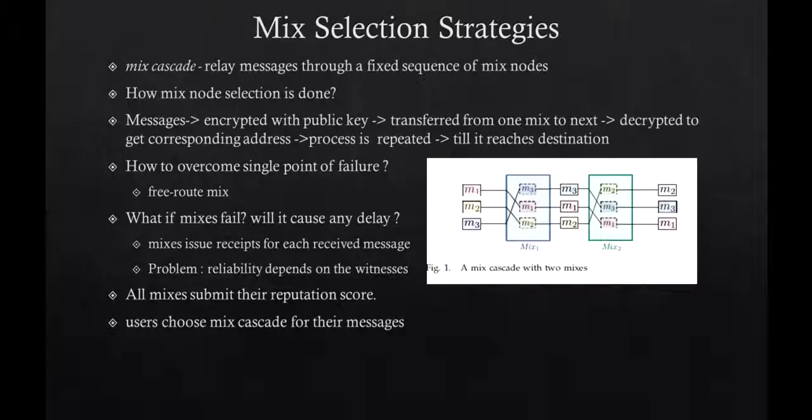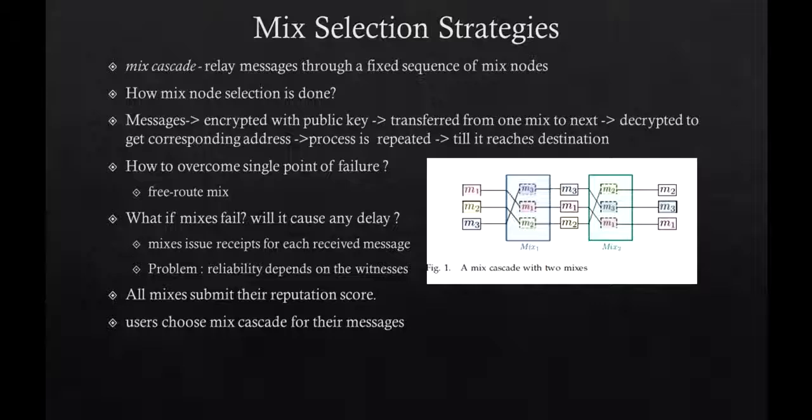The next strategy is mix selection strategy. In order to establish a trust, a system was proposed to relay messages through a fixed sequence of mix nodes called mix cascade. Deterministic node selection or factors like network's topology and user's trust can be used for mixed node selection.